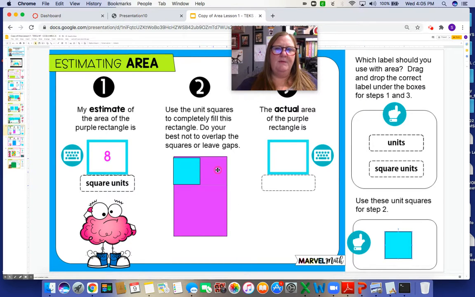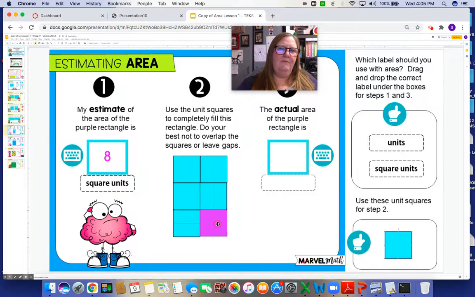Remember, it doesn't have to be perfect, but we want to try really hard not to have any gaps and not to have any spaces between them. So I'm going to drag these over. You just simply click on the square unit and drag it over and put it in place.